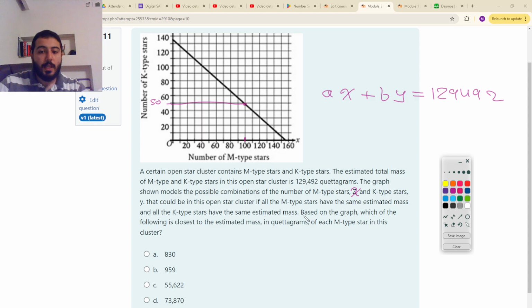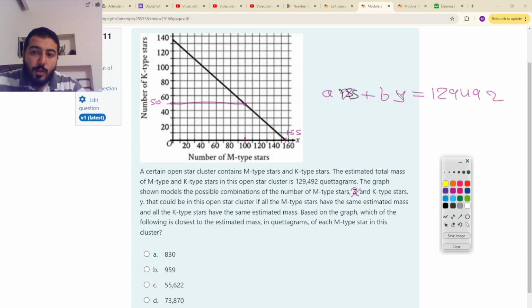How much is the mass of the M type? He wants the A exactly. So to get the A, the best thing is to substitute with this point. So we know this is 150, this is 140, this is 160, so that's like 155. If we have 155x and we have 0 y's, we only have 155x.